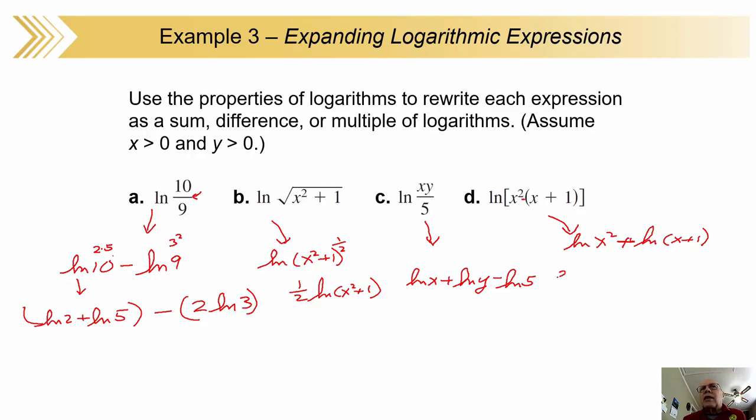So you can rewrite this one as 2 times the natural logarithm of x, and then plus the natural logarithm of x plus 1. Notice especially, this is not the same as the natural logarithm of x plus the natural logarithm of 1. Not.